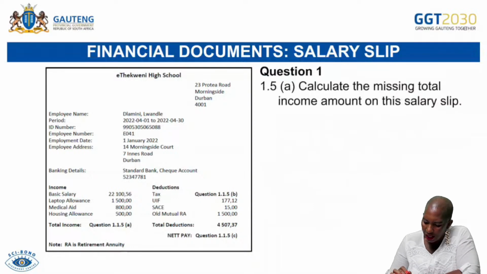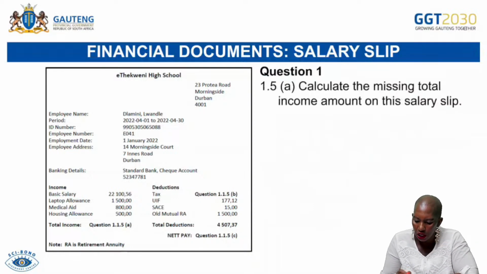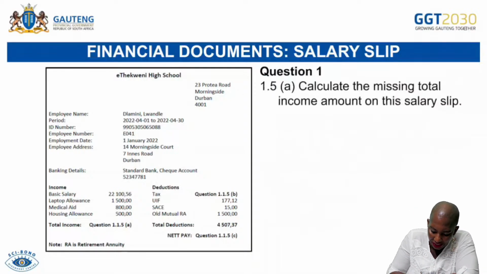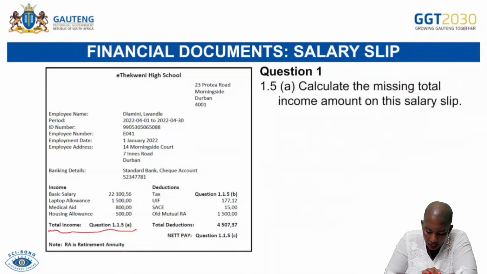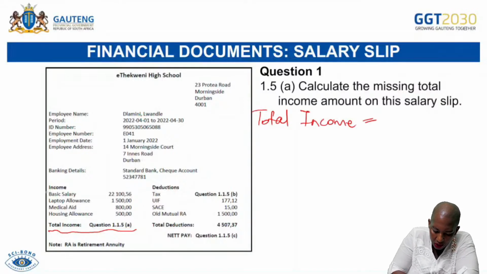The next question says, calculate the missing total income amount on this salary slip. So the total income here, there's the question that says, calculate the missing total income. Now the total income is equal to, we take the first one, the basic salary.